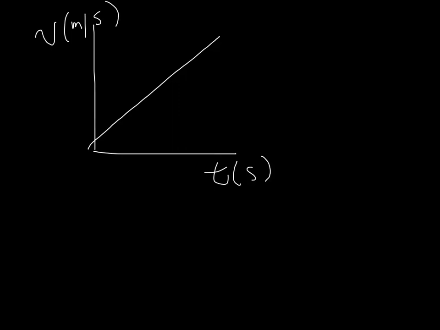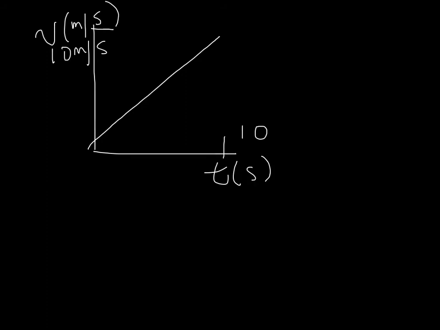So take a second, think to yourself, what does this kind of graph really mean? So what this means is that if this person took 10 seconds to go 10 meters per second, they are increasing their speed or their velocity at a constant rate.